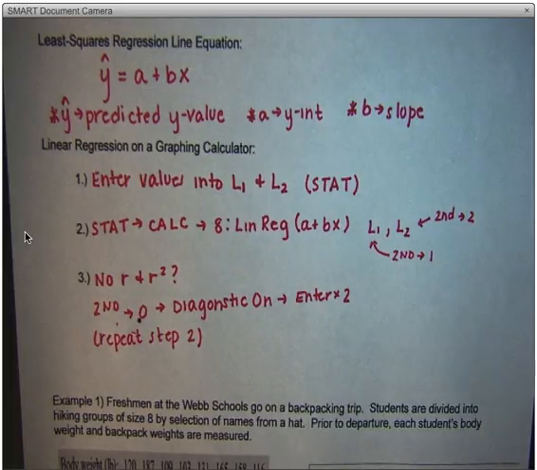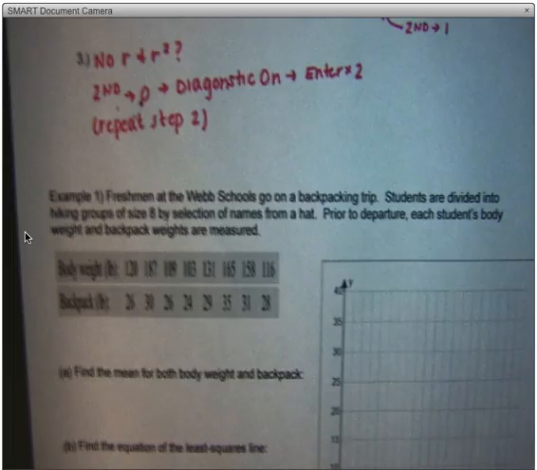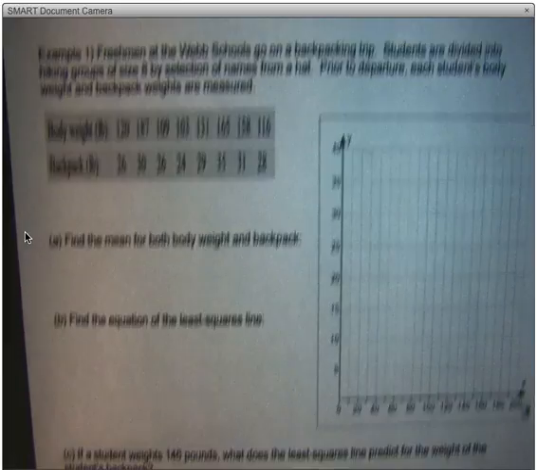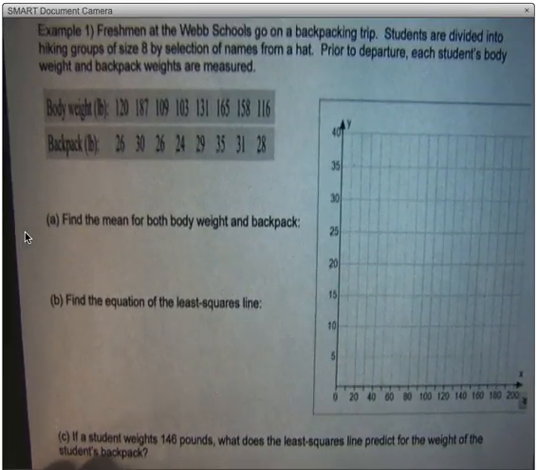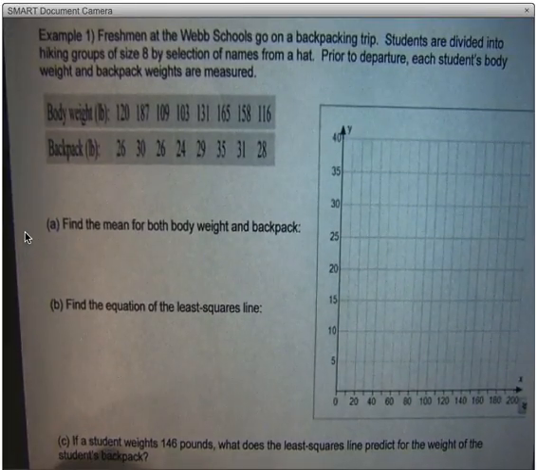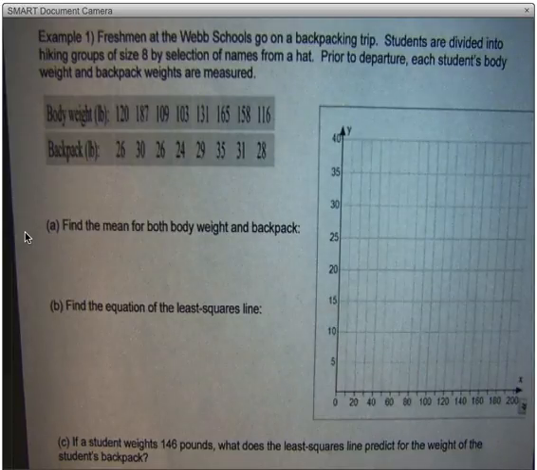Okay, so let's look at our first example. Okay, so we're given 2 different sets of data points. So first, we are going to enter them into list 1 and list 2, and then we're going to find the means, plot them, and then find our least squares line.